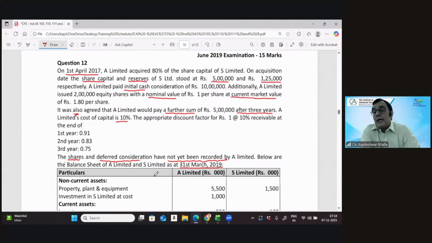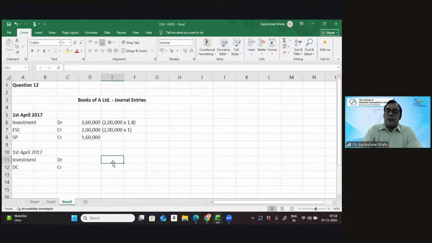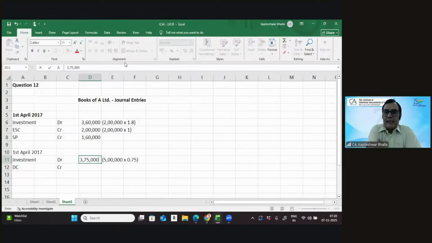So can I say I am already given the discounting factor? Third year is 0.75. So can I say we take the present value of that 5 lakh? So 5 lakhs is the DC into 0.75. And this is going to give us 5 lakh into 0.75, that's, I think, to the extent of 3,75,000. That is the present value of the consideration. Absolutely correct. Makes good sense.